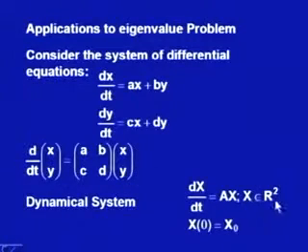So, x belongs to R2. Now, together with this differential equation, it is not a single equation, it is actually a system of equations, and this system of two differential equations can be written in a compact matrix differential equation, and this has to be solved under specific initial conditions.